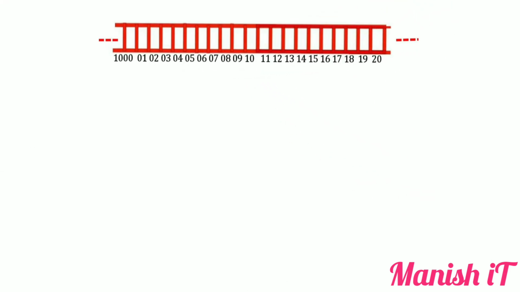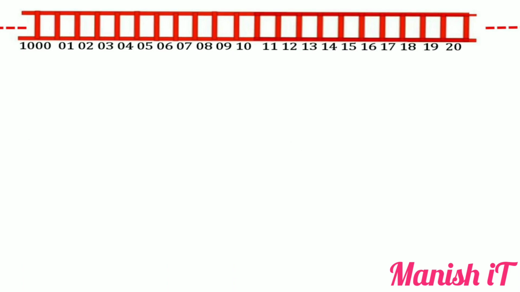See, this is a snapshot of memory. Memory is a long tape of bytes, and each byte has its own address. Suppose this segment of memory extends to the left side as well as the right side. So here I am taking addresses from 1000 for the first block, 1001 for the next block, 1002 for the next.